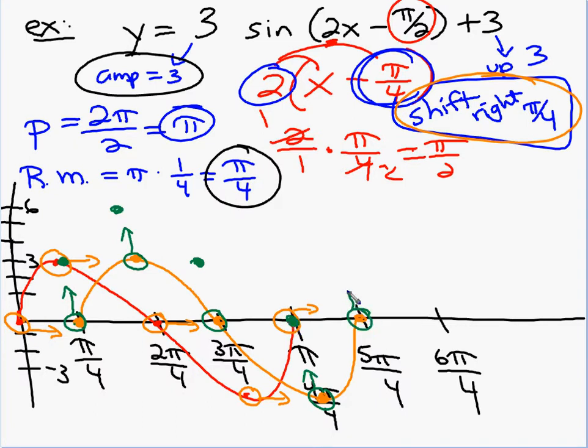And this point up 3, which will put it at 3. And now I can connect the dots. And that would be my final graph of one period of this function, the one in green right here.